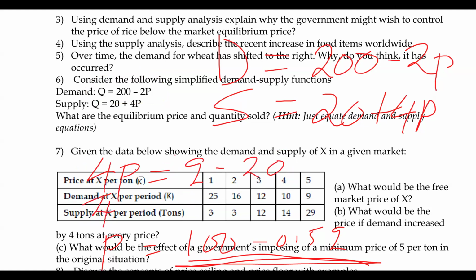Divide through by 4. What do you have? You have P equal to 0.25Q minus 5, because 20 divided by 4 is 5. So this is the inverted supply function. Okay? You followed, right?